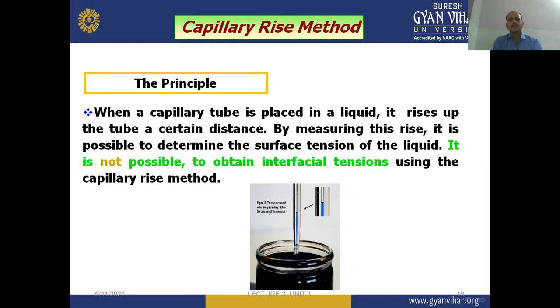So this is the principle of capillary rise method. When a capillary tube is placed in a liquid, it rises up the tube a certain distance, and by measurement of this rise, we can determine the surface tension of a particular liquid sample. And don't confuse between the superficial tension and interfacial tension. As I already told you in the previous lecture, superficial tension or surface word is generally used for two different phases, and when the two different phases are in the liquid form, or if the two liquids are immiscible, the boundary between two of them is known as interface.